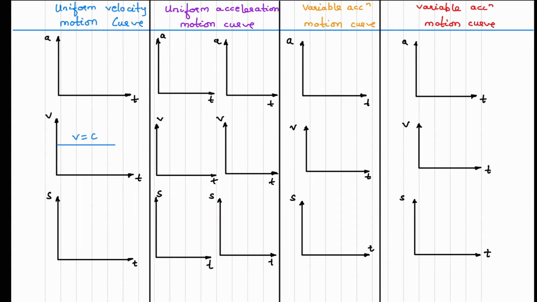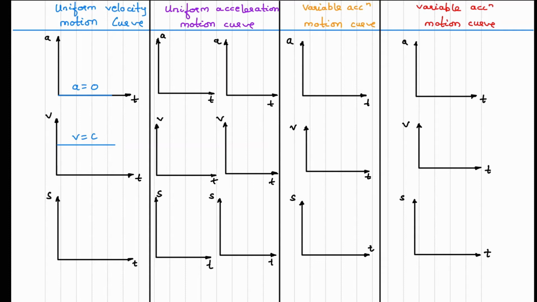So on the AT diagram, acceleration we have to show A is equal to 0. Next, ST diagram. What is the slope of the ST diagram? It will be ds by dt, and ds by dt is what? Velocity.